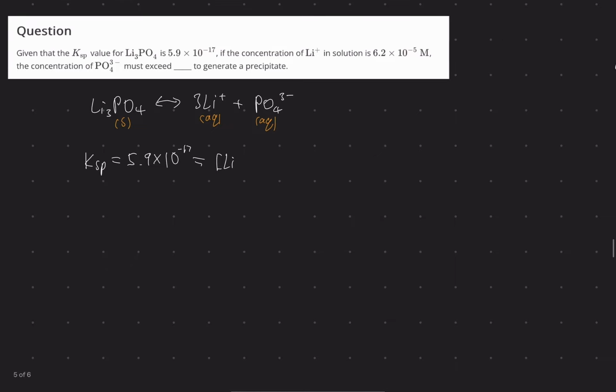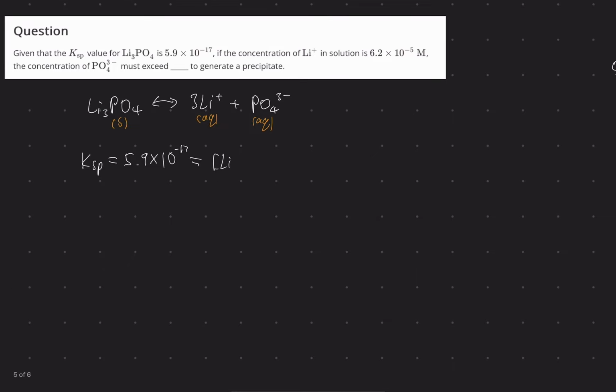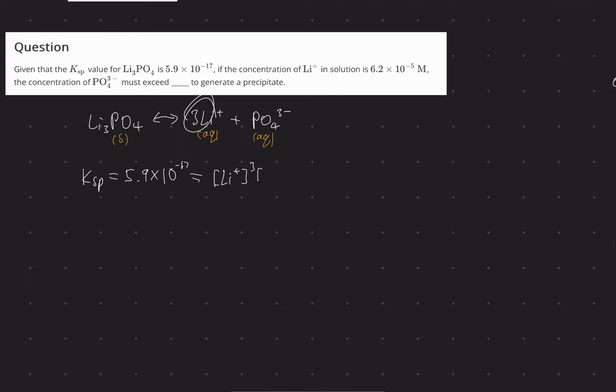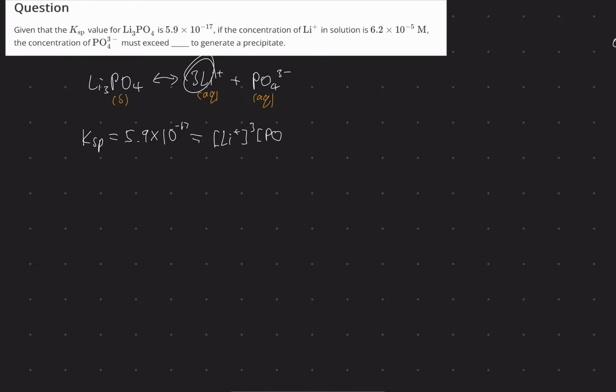And so in your mass action expression, you only include aqueous or gas, not solids. So you would do something like this, and because of this coefficient here, you would have that power here, and multiplied by the concentration of PO4, it's like this.